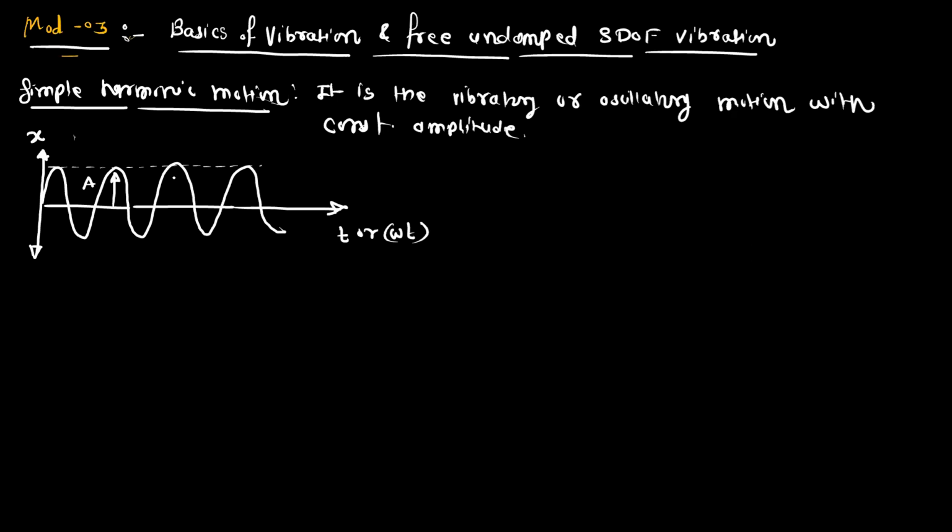This waveform is mathematically represented as x is equal to A sine omega t. This equation is for the displacement of a particle which performs simple harmonic motion. If you differentiate this equation with respect to time, that is dx by dt, you will get the velocity term, represented as x dot.